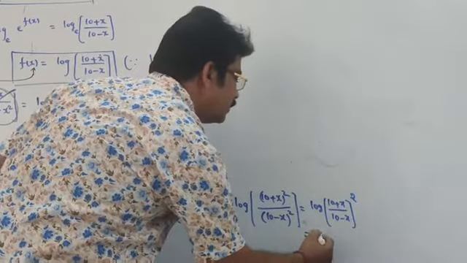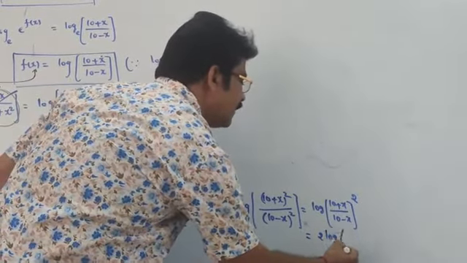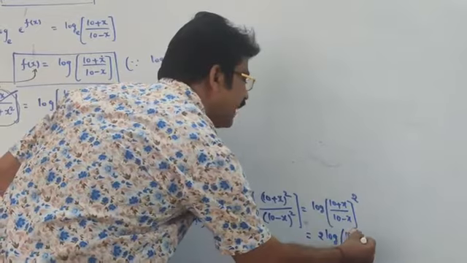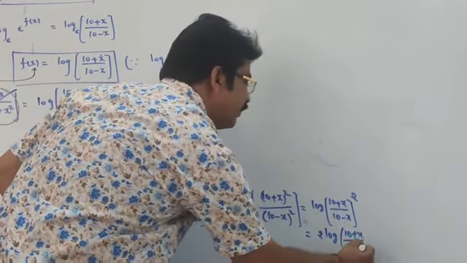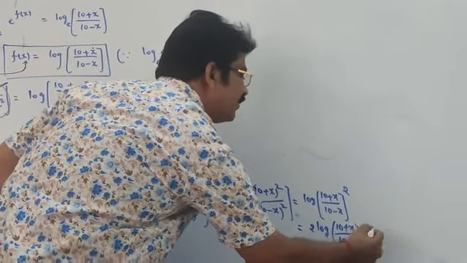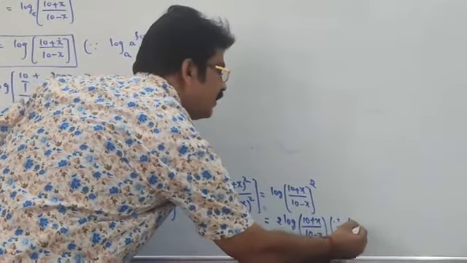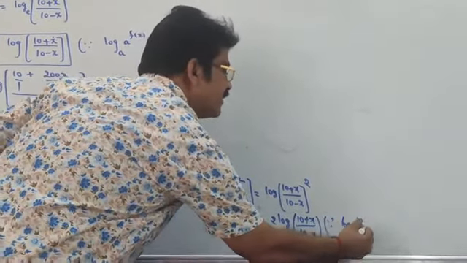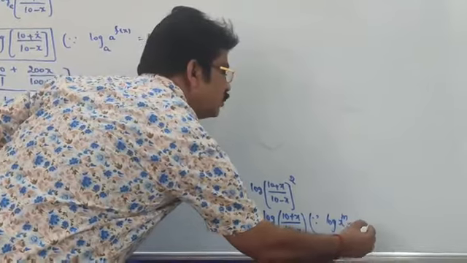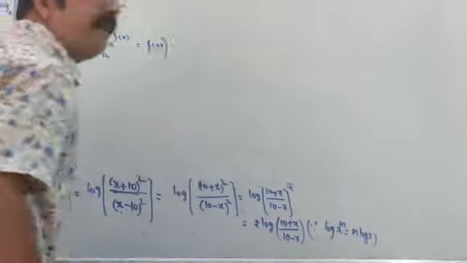So that is equal to 2 into the logarithm of 10 plus x divided by 10 minus x, because the logarithm of x to the power of m is equal to m into log x. This is the basic formula.